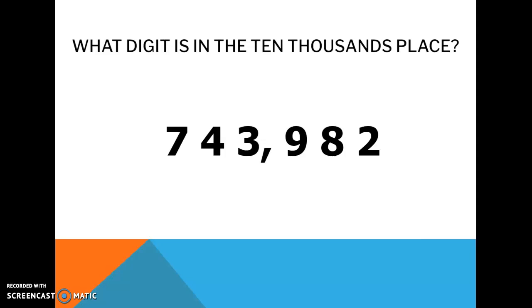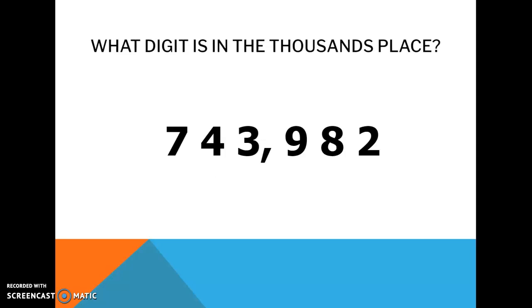Ones, tens, hundreds, thousands, 10,000s. I see the 4. You are correct. The 4 is in the 10,000s place. What digit is in the thousands place? Well, this time, because I know the comma separates my periods, that must mean the 3 is in the thousands place. Very good, Miss Stiltner.